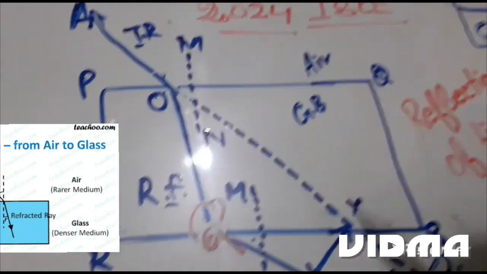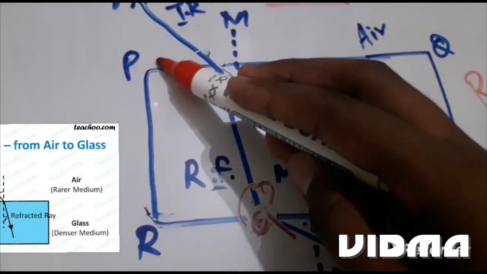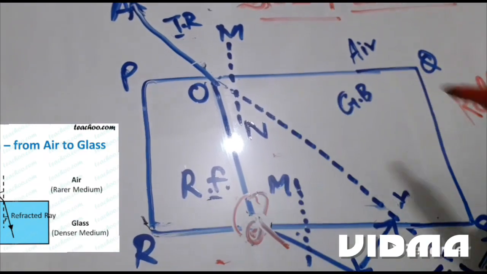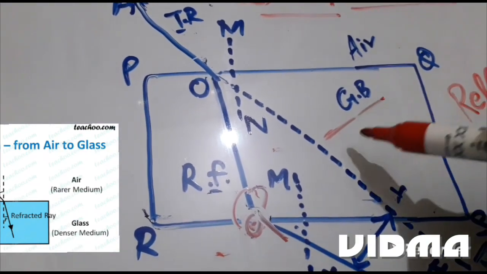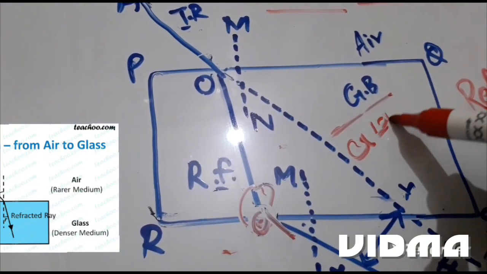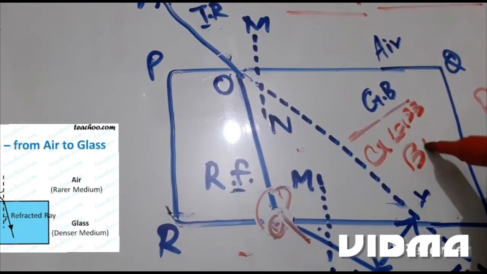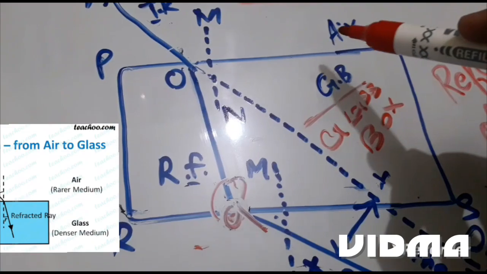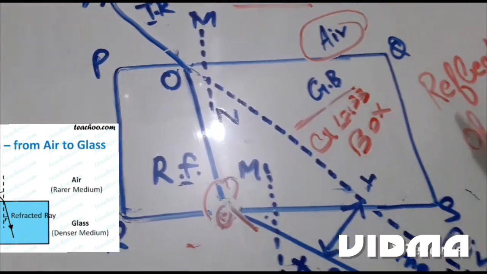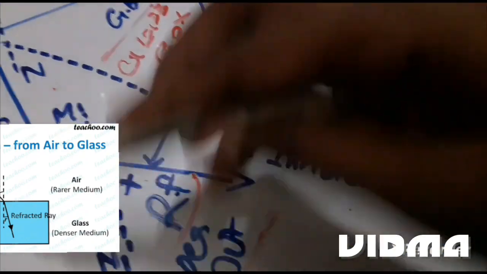As far as M1 and N1 and the incident ray and the reflected ray, and GB is for the glass box, which I have just named. And this is the air present outside, and that's all in this diagram.